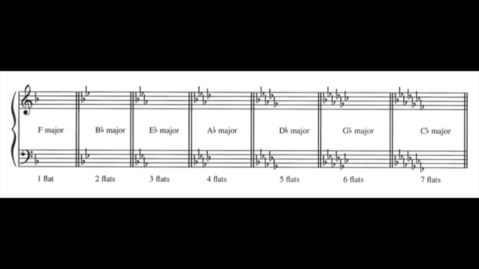That tells you you're in B flat major. E flat major, we go to our second to last flat, and that's an E flat, so on and so forth, until we get all the way down to the end for C flat major. Our last flat is an F flat, and the one before that is a C flat.